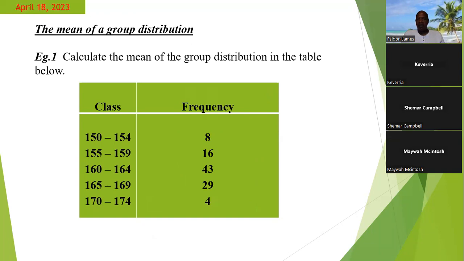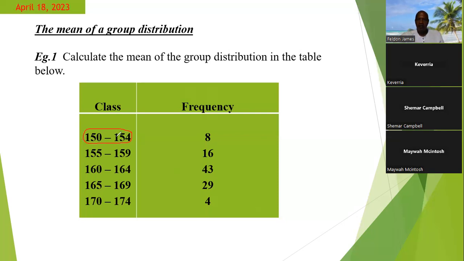So from the class, we need to come up with an X value. So this is our class, and the class values go from 150 to 154. But of course, we just need only one value representing this class. So what we generally use is the class midpoint.